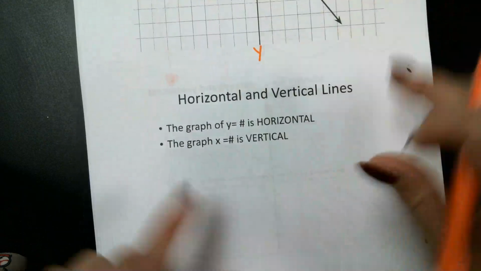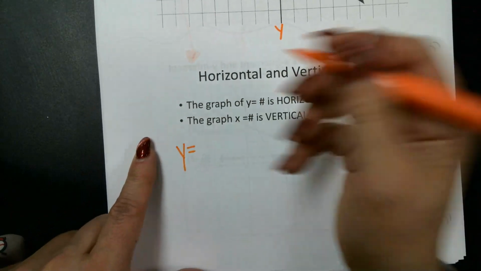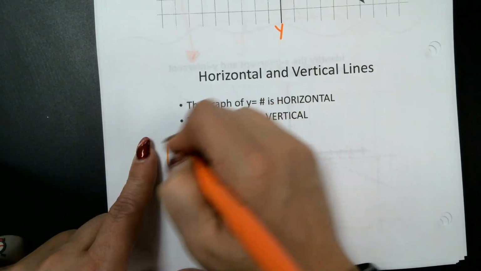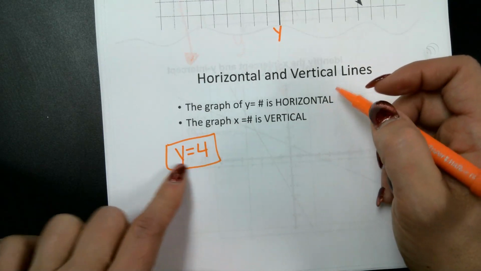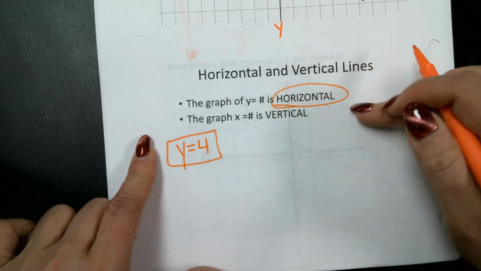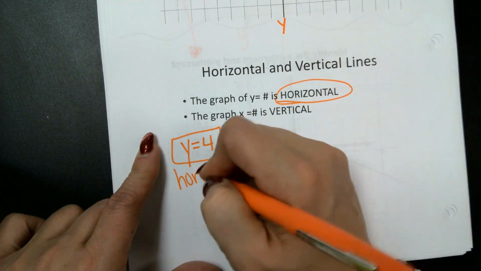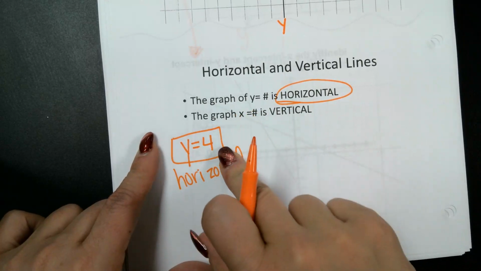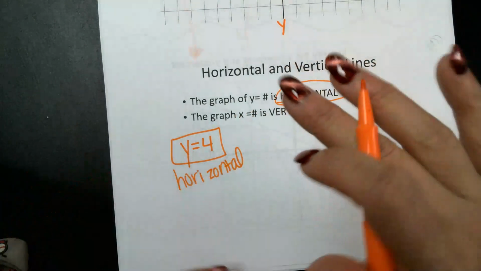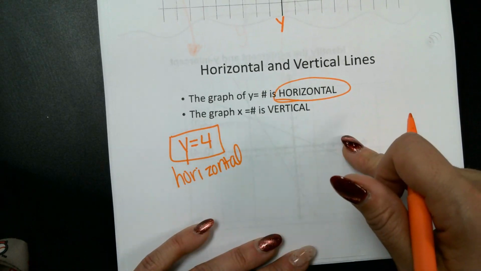Down at the bottom, this is just a reminder to you, if you guys ever have y equals, let's say, positive 4, you would graph that at the 4 on the y-axis, and then it would just be a horizontal line. So anytime you have y equaling a number, just a constant, you plot that on the y-axis, and then you just go straight across.